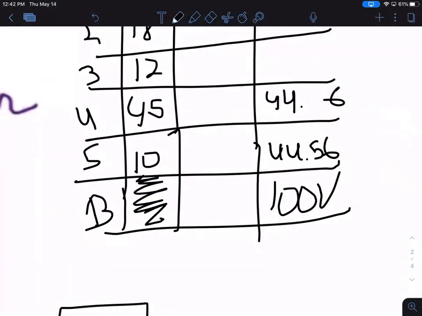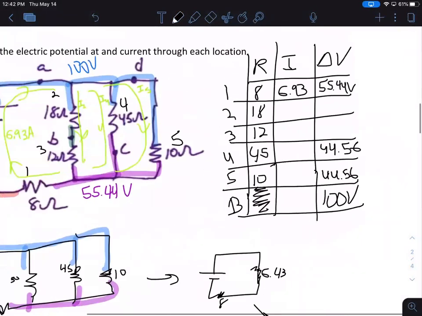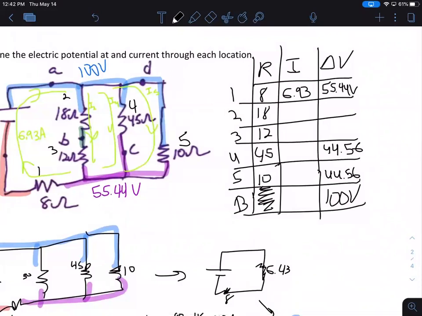This is a 5. So knowing those values, we know the delta V, we know the resistance for each one.